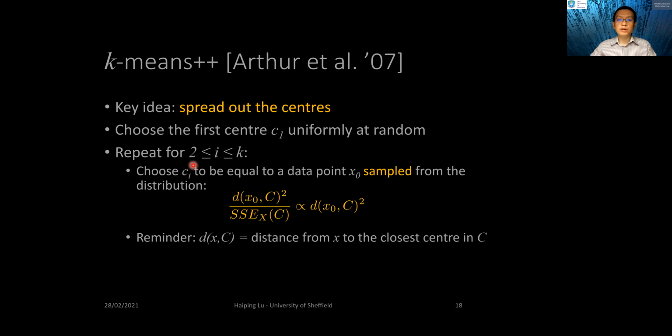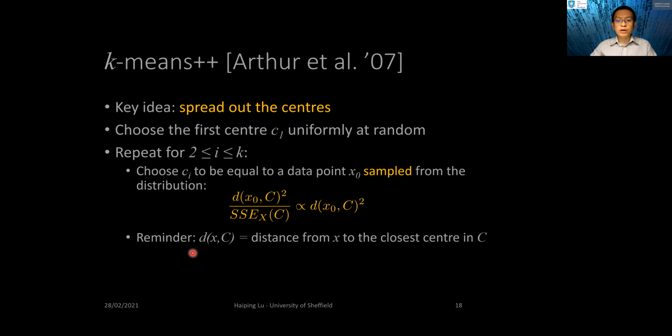And then for the following k minus 1 centers, for center 2 to k, we will choose the ith center to be a data point x0 sampled from a distribution computed like this.